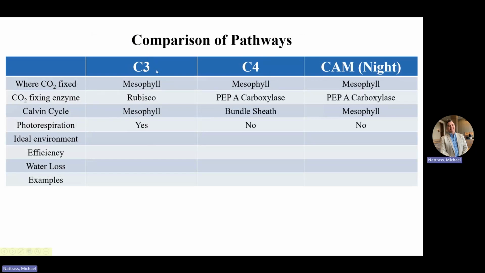So what do you think would be the ideal environment for C3 pathways? Hot or cool? Okay, cool. And so what do you think, do we need a lot of water? We would need a lot of water in order to perform this process. Do you think that the C3 would perform better in high carbon dioxide environments or low carbon dioxide environments?